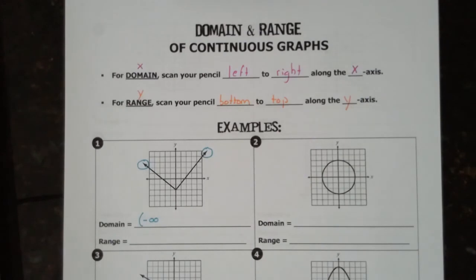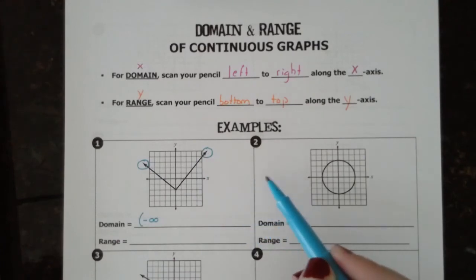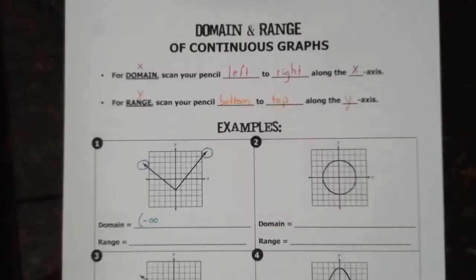So we go from negative infinity, and then we keep going, and then we get our other arrow. Our other arrow is telling us that we're going to continue into this right direction, which are all of our positive numbers. So if we continue positive forever and ever, that means that we are going to go all the way to positive infinity.